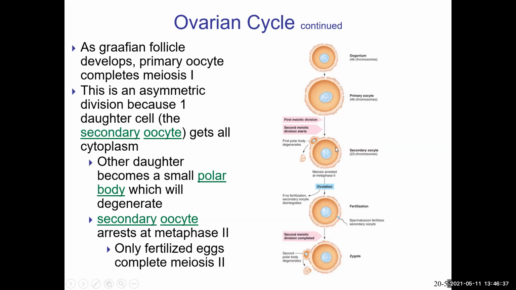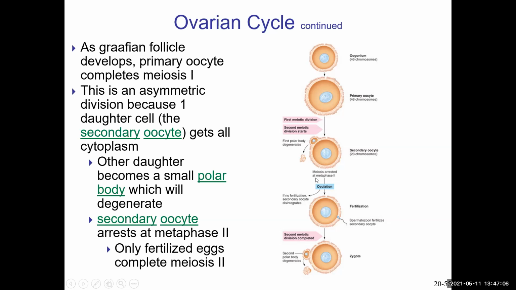Do they form two? No. Only one side of the cells takes all the cytoplasm. The other daughter cell gets only the nucleus and a very little amount of cytoplasm and cannot sustain. That's why it becomes a degenerating polar body. The secondary oocyte is now released from the ovary in ovulation and starts the second meiotic division.